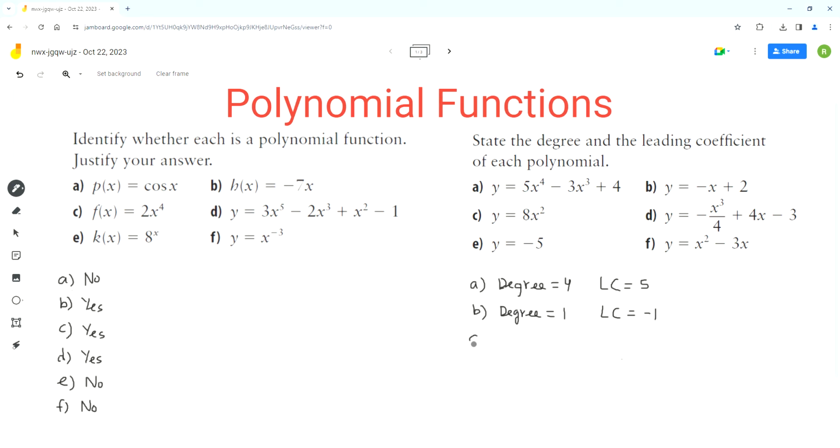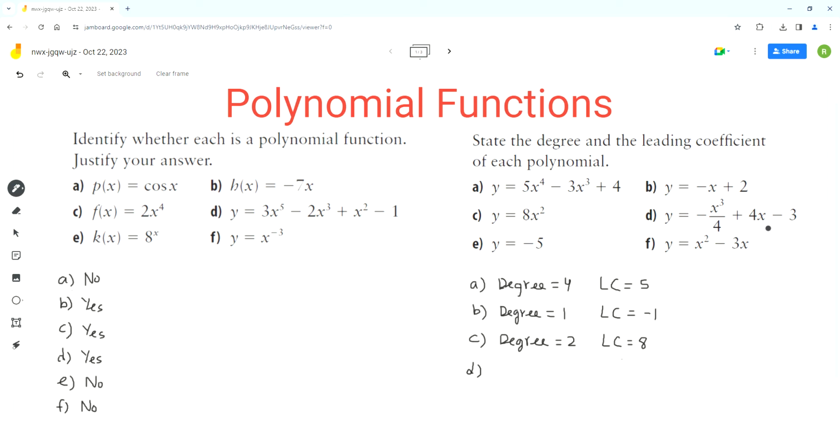Now we can do part C. In part C, there is only one term and the exponent on the variable x is 2. So the degree is equal to 2. The coefficient of that term is 8, so the leading coefficient is 8. Now we can do part D. In part D, we are given a cubic function.